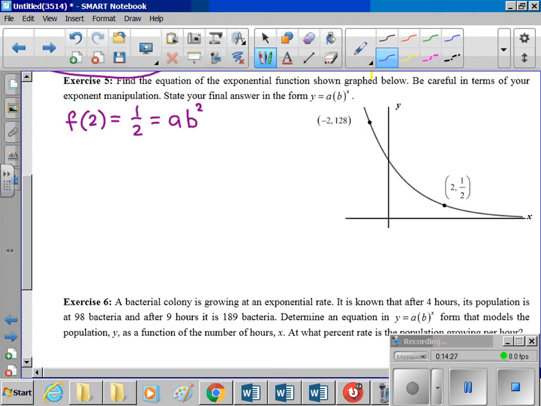And we can do f of -2 equals 128 equals a b to the -2. So if we do out our ratios, our a's will cancel, just like always.